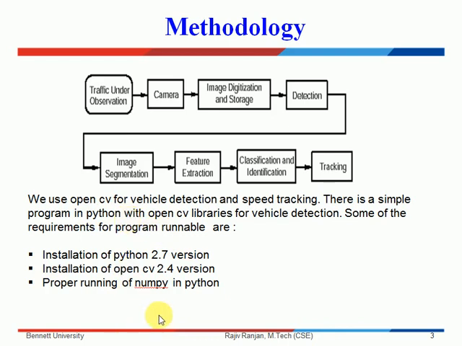Some of the requirements for this program are installation of Python 2.7 version, installation of OpenCV 2.4 version, and proper running of NumPy in Python. NumPy is one package of the Python programming language. So these are the requirements that should be installed in our system to run this project.